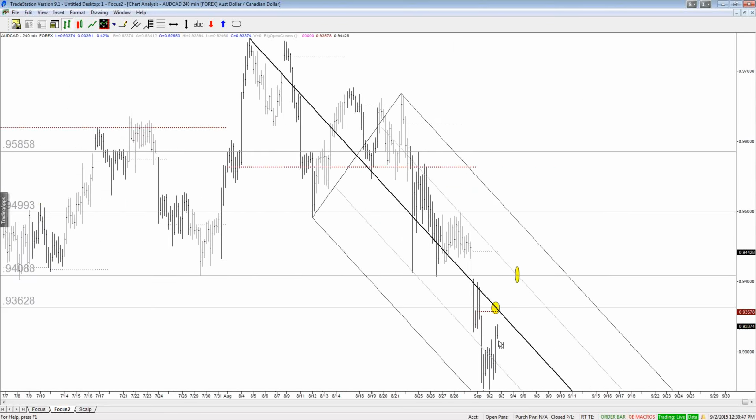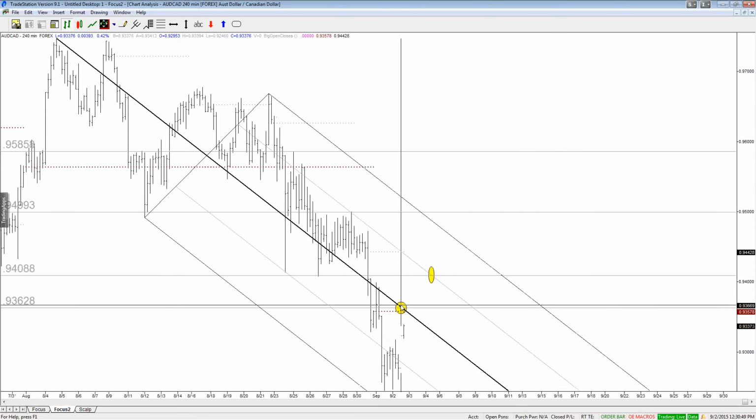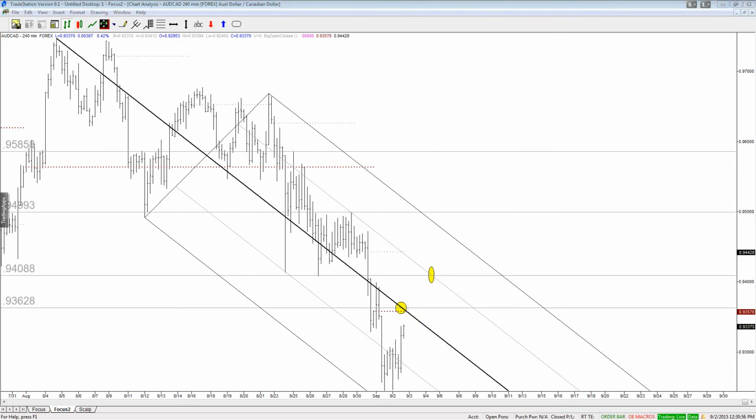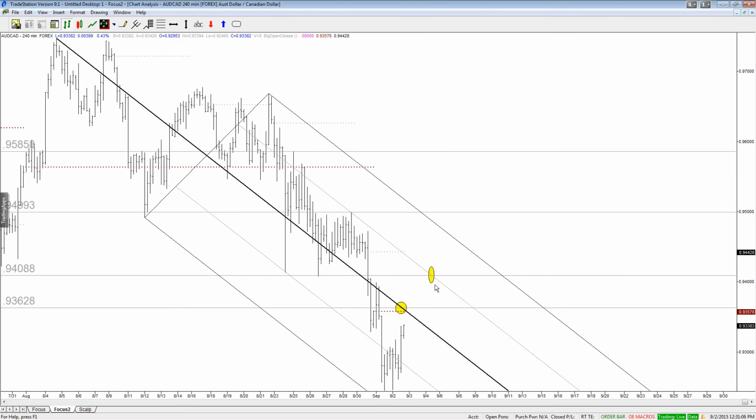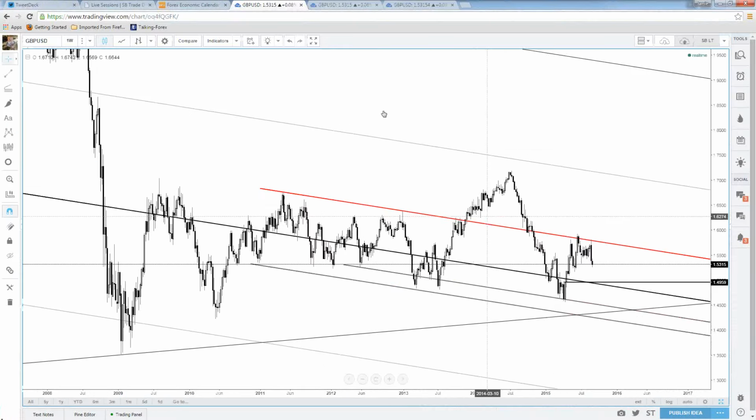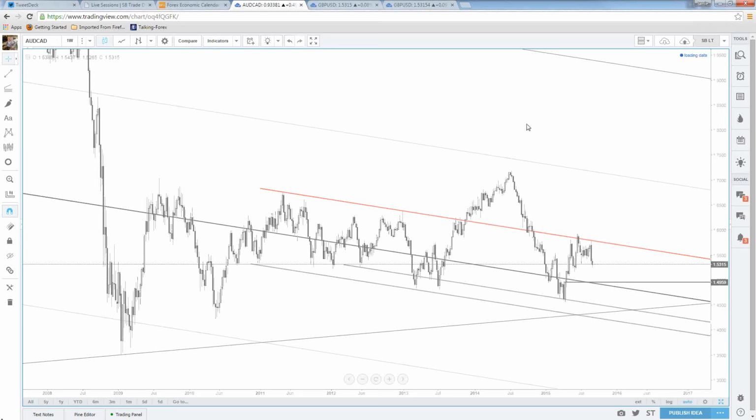Okay, this is the chart from last night. All right, we're looking for a rally to short. It's rallying right now. So, watch for resistance. The first level to look for resistance is about 93.60. The second level, which I think is the better level, is about 94.10, 94.05. And again, here is the Aussie Cad chart.